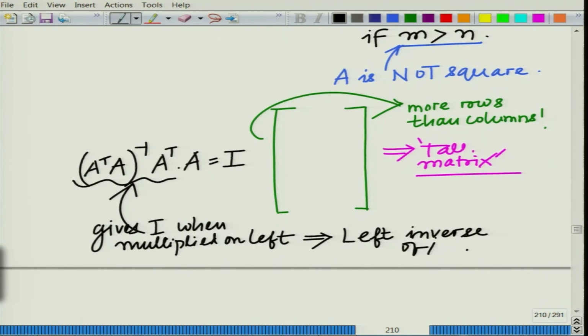And in case you are more interested, another interesting fact is that this left inverse of A is not unique. If m is greater than n, the left inverse is not unique, and the pseudo inverse is one of the left inverses.